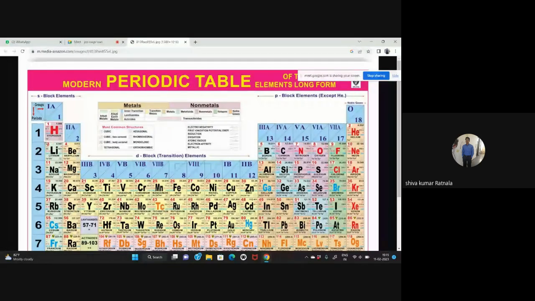Students, can you see? Yes, sir. Based on that configuration only we are writing their electronic configuration. I hope you understood what I'm trying to say.